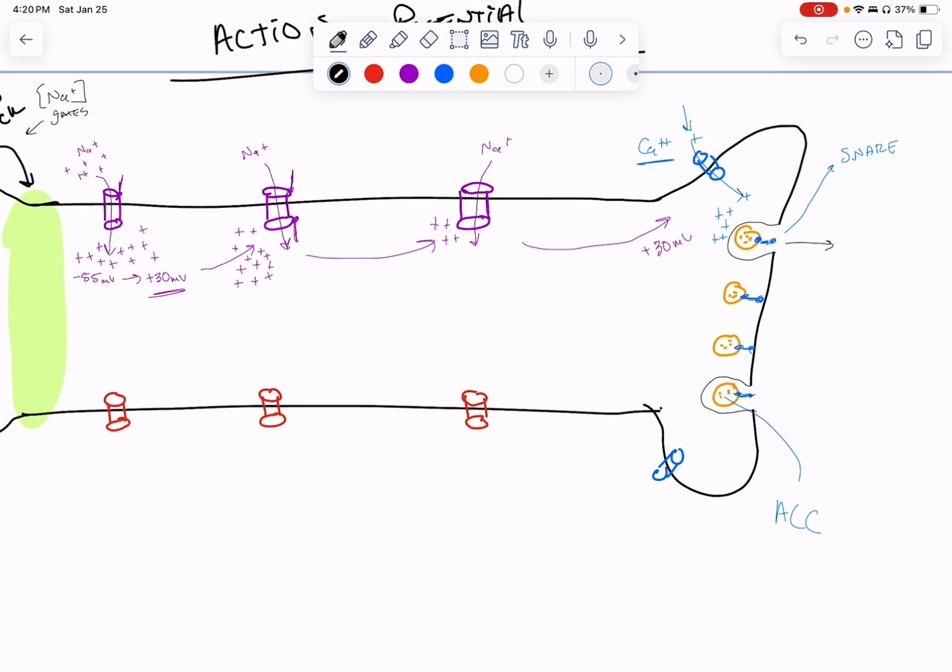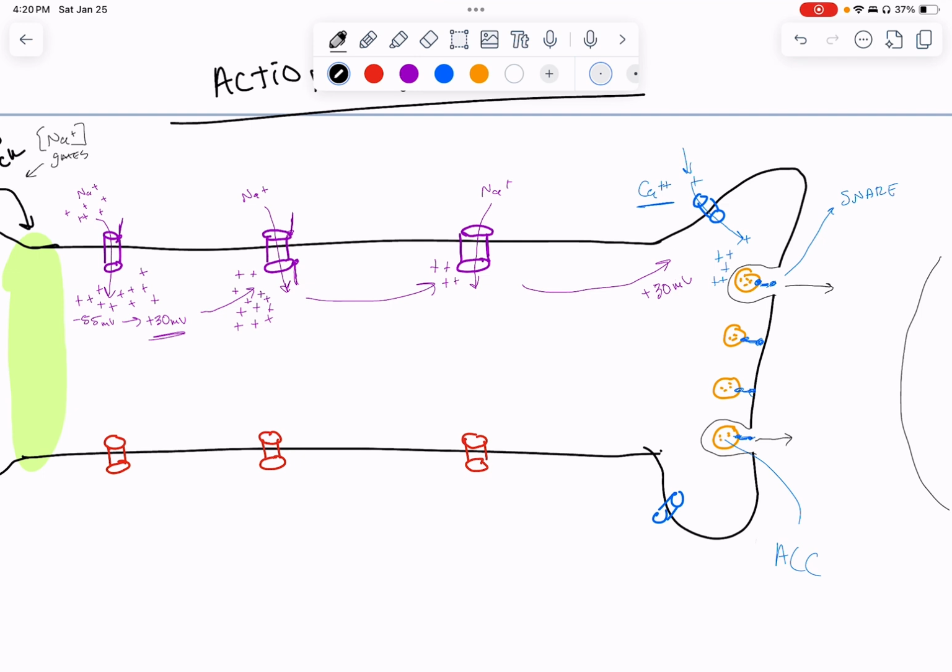It's going to allow these vesicles to exit the cell and allow this neurotransmitter to reach the next neuron. And so that's how you get this changing of charge that causes a release of neurotransmitter in order for a thought or a sense or anything to be realized, and it's all because of this action potential.